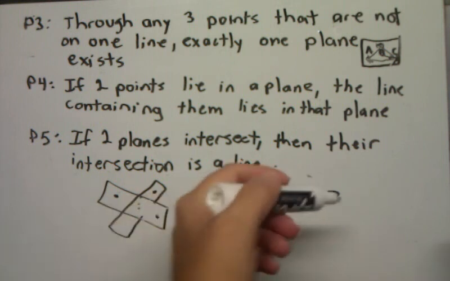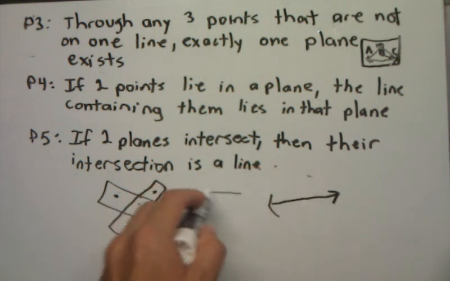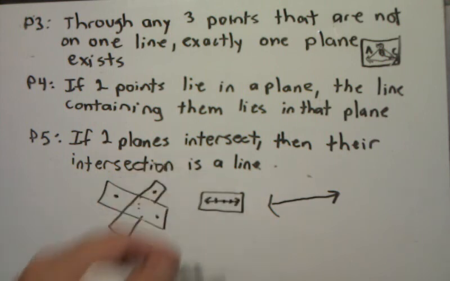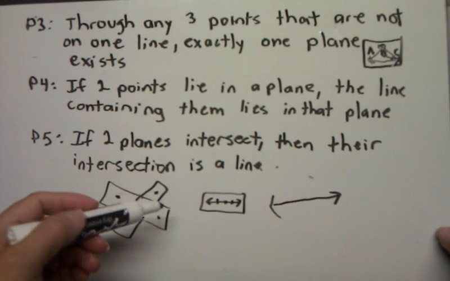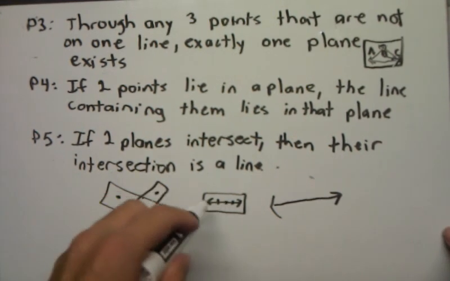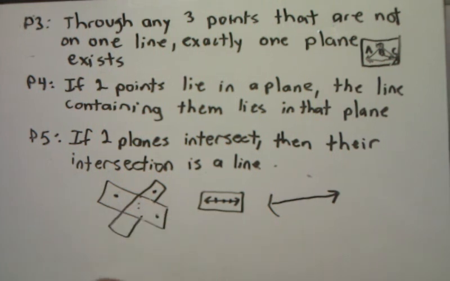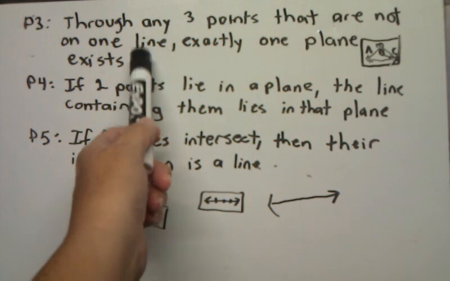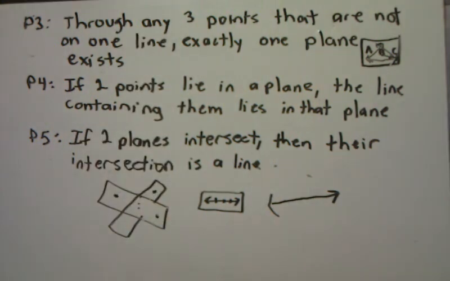But what if I have one that's like this? See, those are all on the same line. What if they're all 3 on the same line? The problem is, this says 3 points that are not on one line. So that's false because they could be on a line.